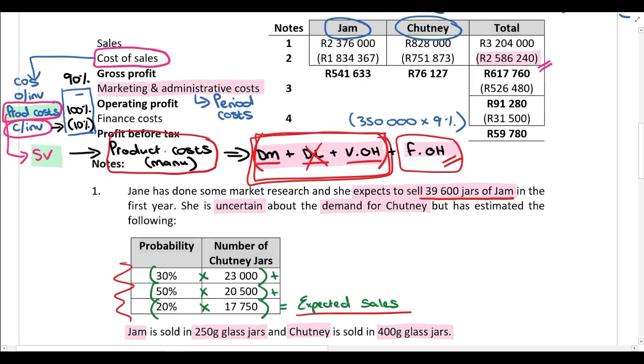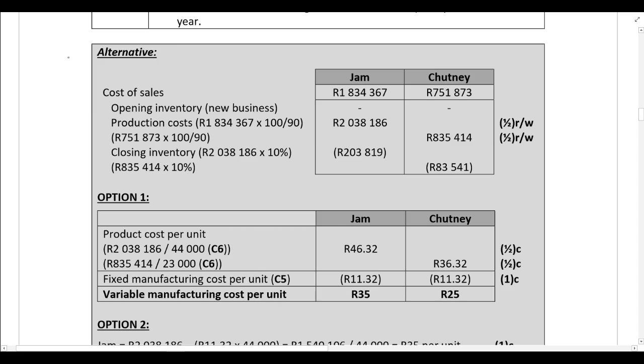All right, so what I want to do first is let's break cost of sales down into what it's made up of. We know that we calculate cost of sales by taking opening inventory, adding production costs, and deducting closing inventory. Let's get the breakdown of this calculation. I'm looking at the alternative calculation in the suggested solution.